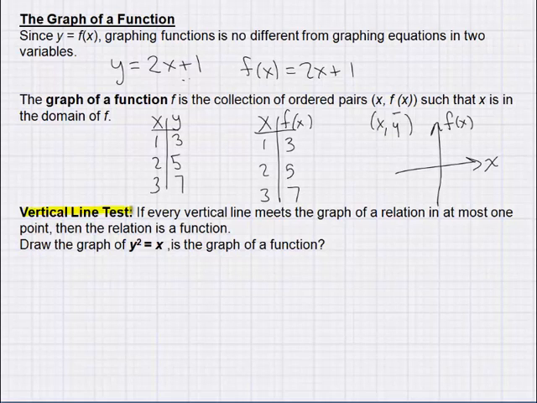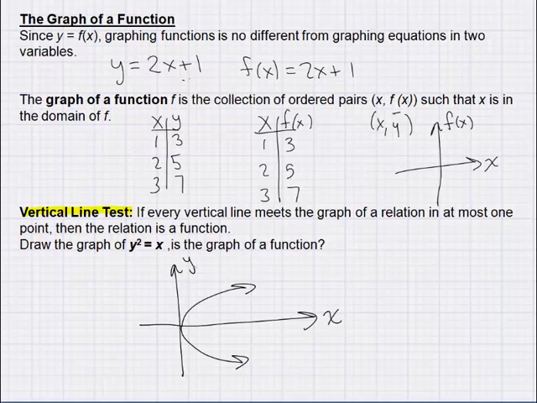So if I looked at this particular equation and I was to draw the graph, pick some x's or pick some y's, do an xy chart, what happens is that graph ends up looking like this. Here's my x-axis, here's my y-axis. And if I draw this graph, this does not pass the vertical line test.